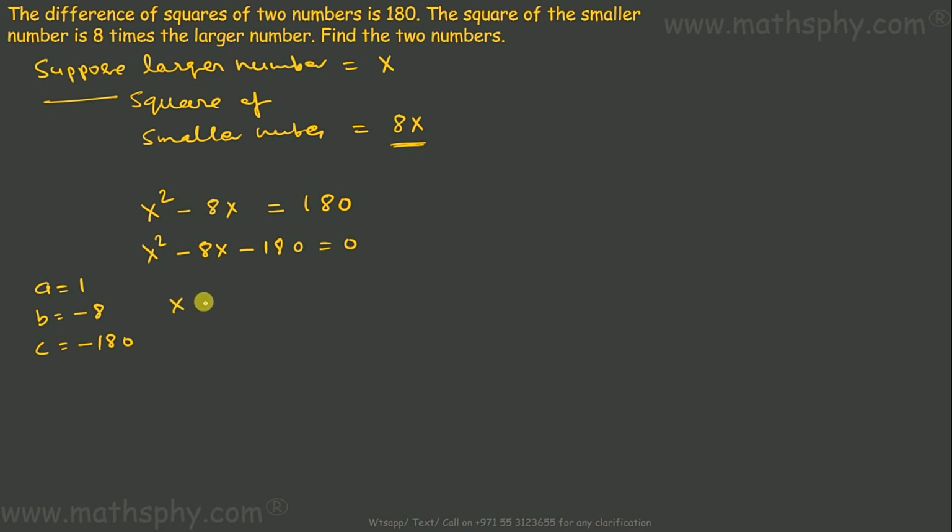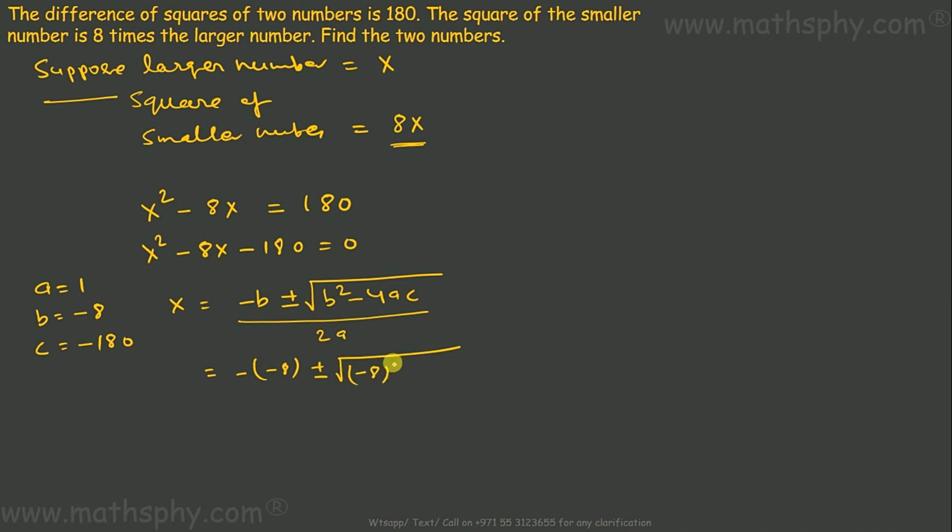So x would be minus b plus minus root b squared minus 4ac over 2a: negative 8 plus minus root, b squared means 8 whole squared, minus 4 into a, which is 1, into c, which is negative 180, over 2a means 2.